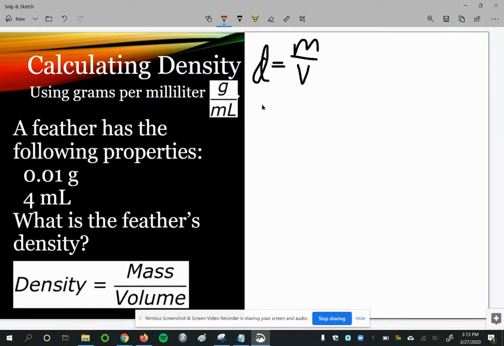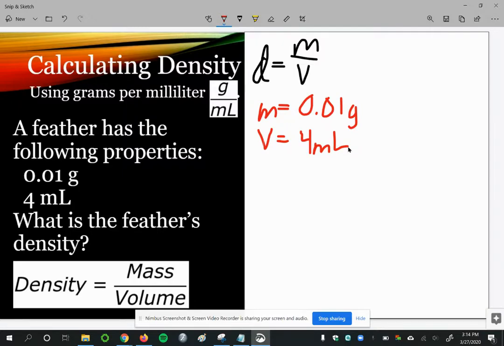I know my mass is equal to 0.01 grams, and my volume is equal to 4 milliliters. Okay, so that's what I know so far.